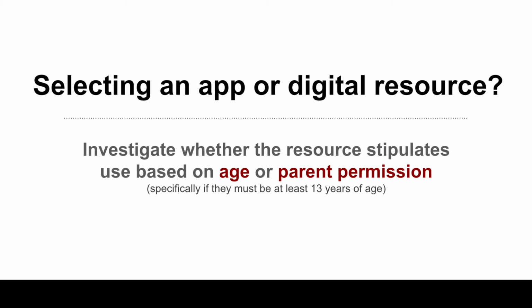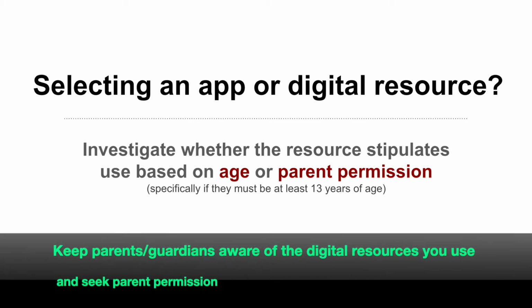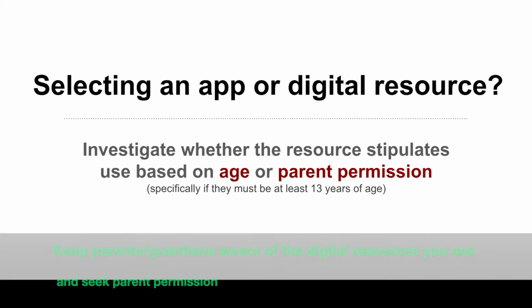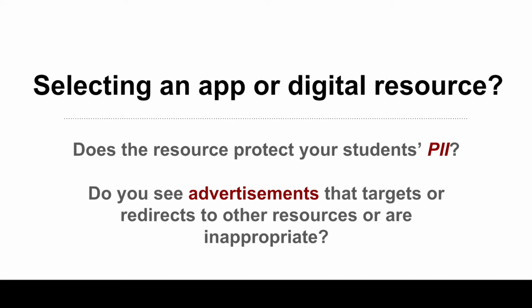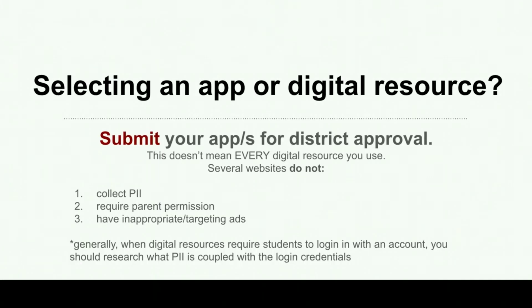We recommend receiving parent permission for all resources, but specifically the ones that stipulate that you do so. Other considerations should be whether the resource protects your students' personally identifiable information. Do you see advertisements that target or redirect the students to other resources that may be inappropriate?